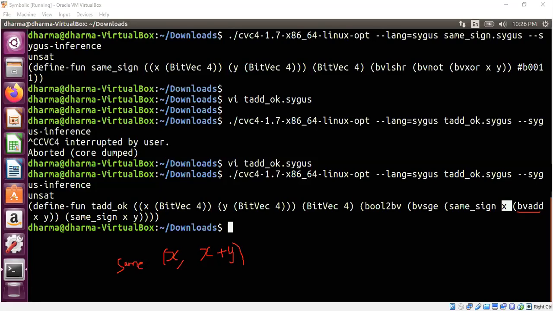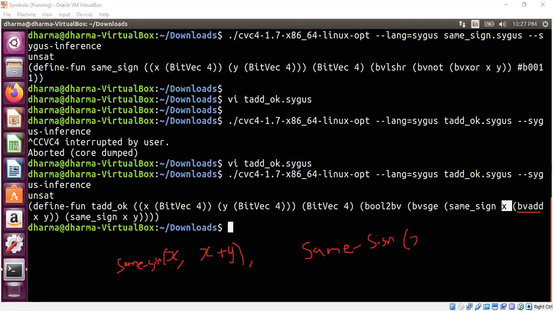That's what the same sign detector is supposed to do, which we already synthesized. So we are calling it on x and x plus y, and then we are also doing it again for x and y, to check whether both x and y are the same sign or not.